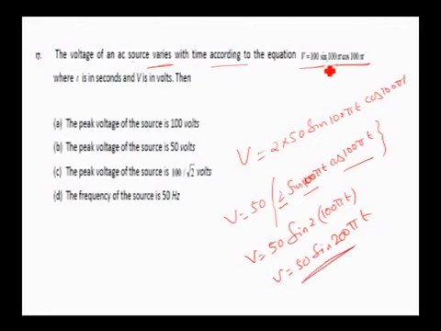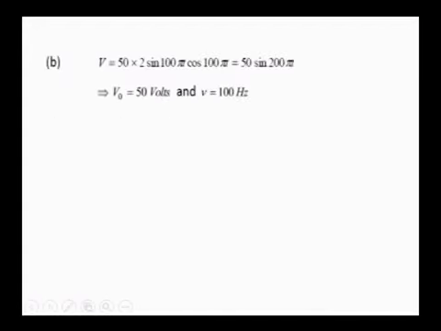I have changed this equation as 2 into 50 sin 100 pi t cos 100 pi t, that is 50 times 2 sin 100 pi t cos 100 pi t. This is 2 sin theta cos theta. So, 50 into sin of 2 theta, where theta is 100 pi t, it becomes 200 pi t. So you get 50 sin 200 pi t.